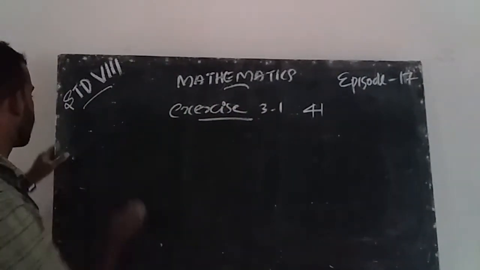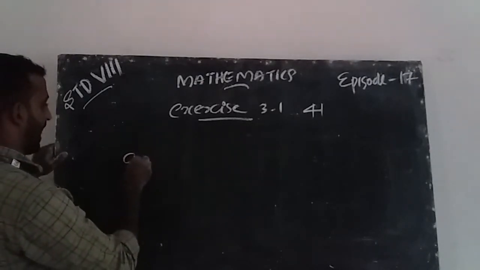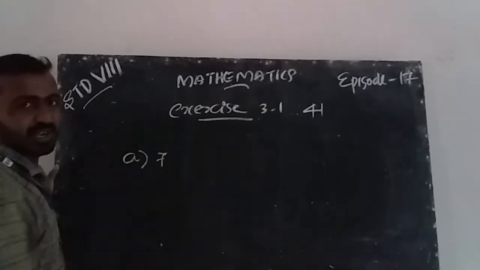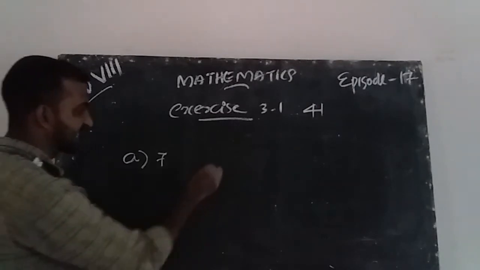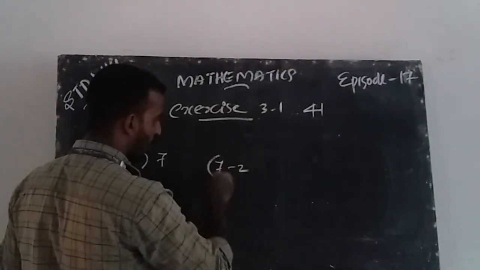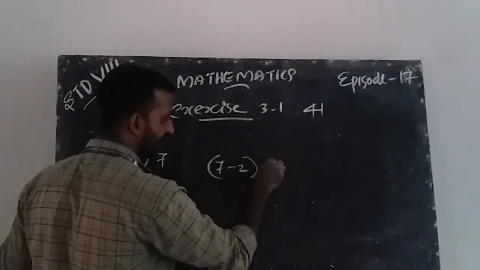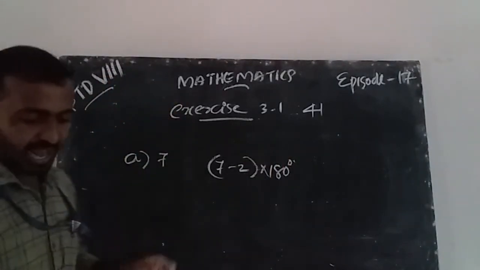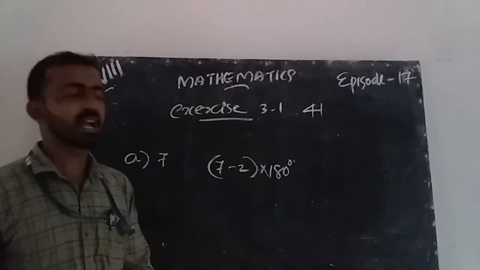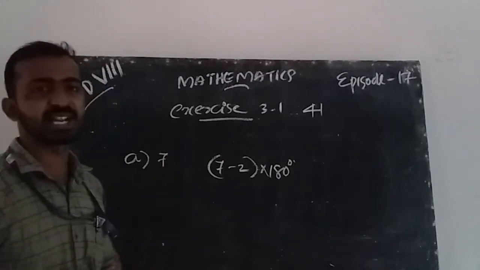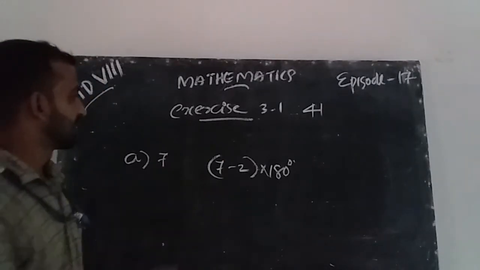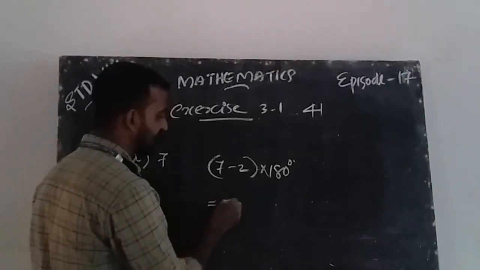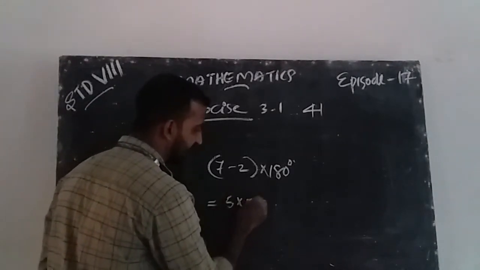First one is 7. Number of sides is 7. That is 7 minus 2 into 180 degree. The first question is, a convex polygon has 7 sides. What is the angle sum? 7 minus 2 into 180 degree. That is 5 into 180 degree.